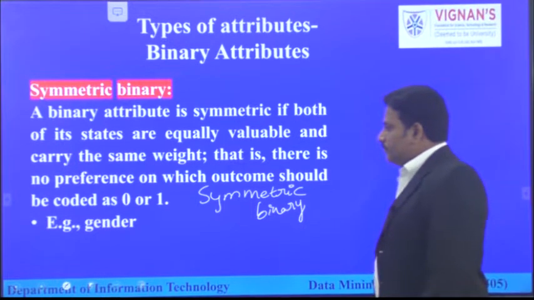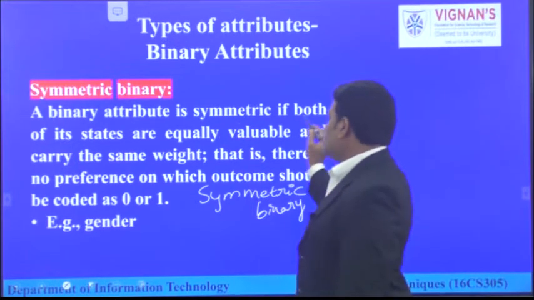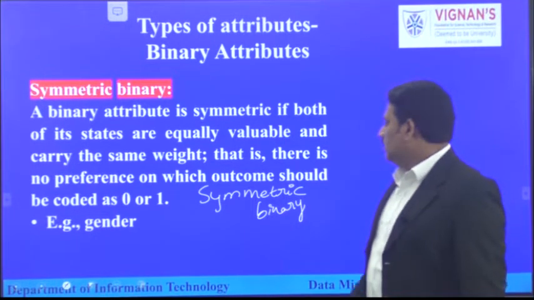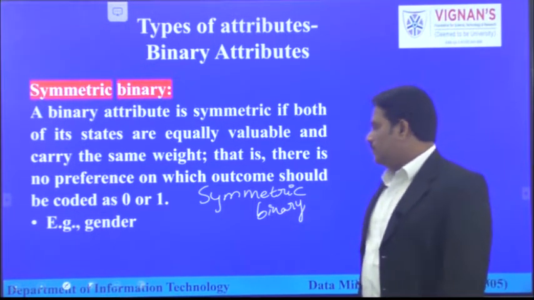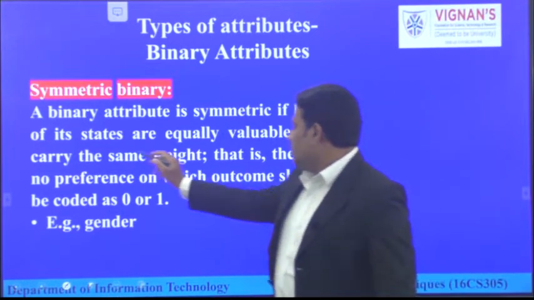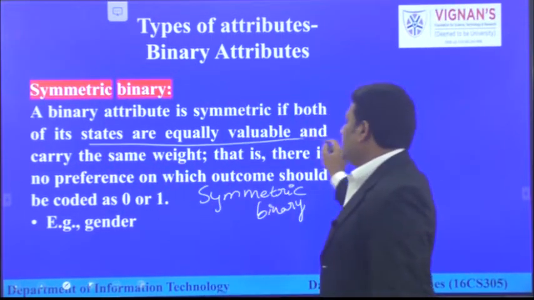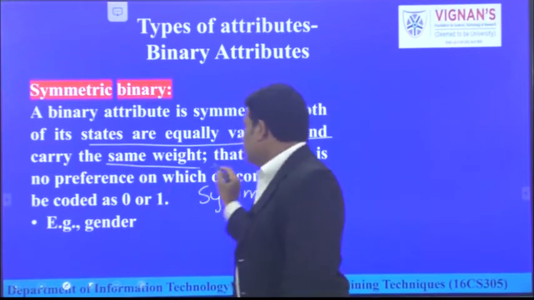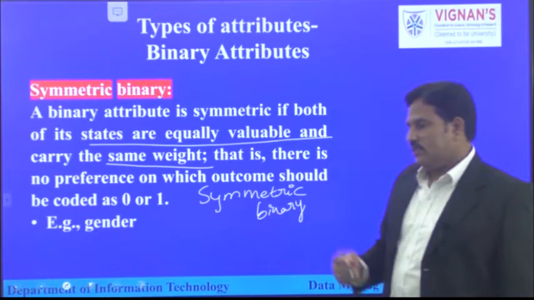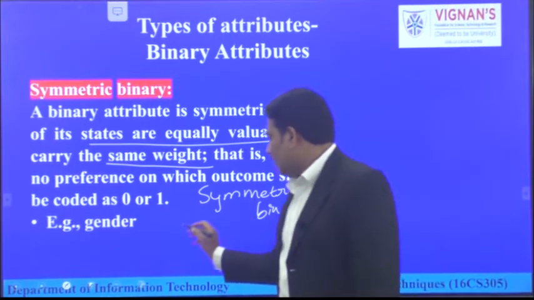A binary attribute is symmetric if both of its states are equally valuable and carry the same weight. That is, there is no preference on which outcome should be coded as 0 and 1. That means each and every state will have equal value and carry the same weight. So what is the meaning of this? Just let's see this example here.